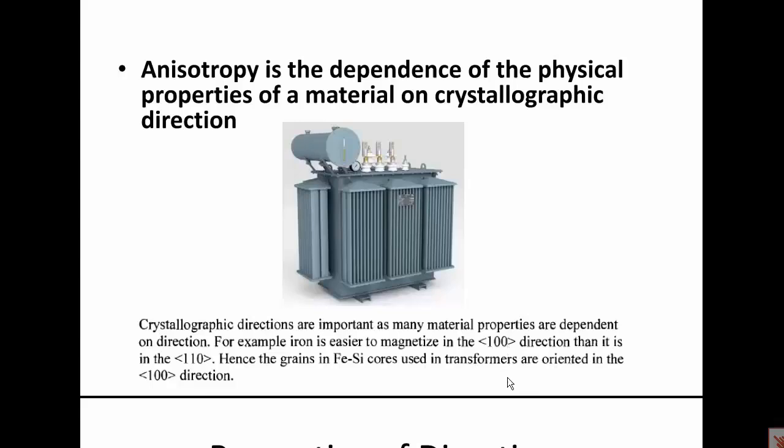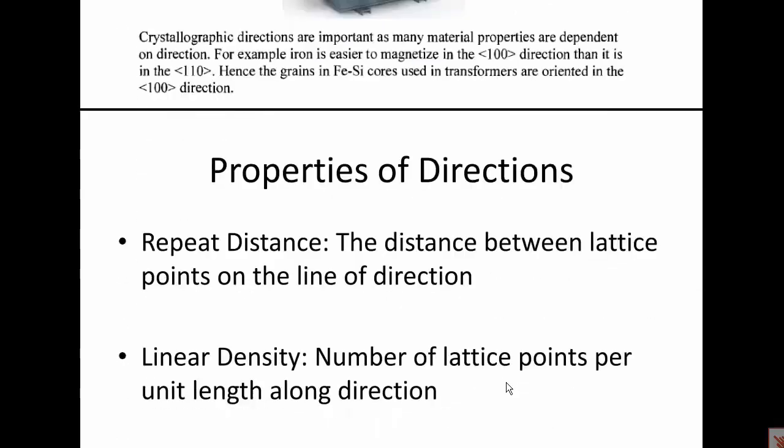If we can produce sheets of iron that have an orientation, we can create transformer cores where the crystal grains are optimally aligned with the applied magnetic field to result in increased efficiency.